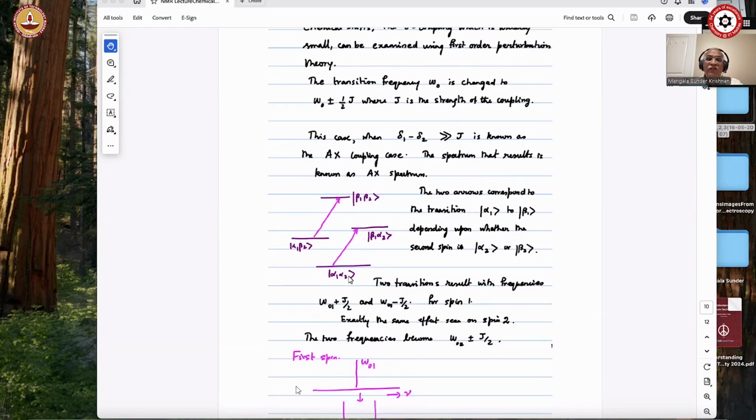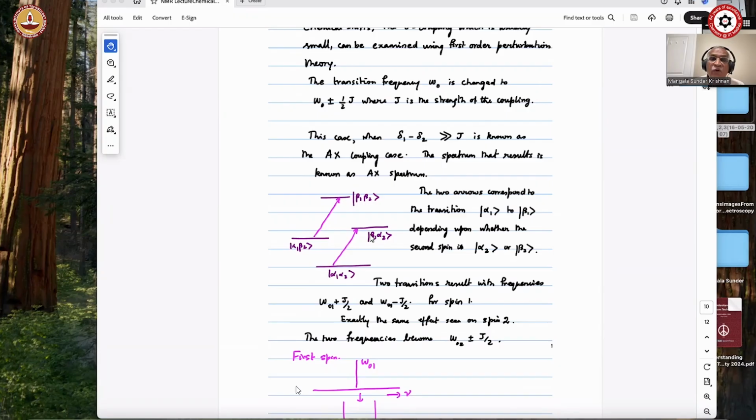Now, the spectrum for the AX coupling case looks like this. The lower energy state for the two spins is when both spins are in plus a half. Now, if this resonance frequency 1 is more than this resonance frequency 2, then if you flip the spin, the energy level changes only by this much. But if you flip this spin, the energy level changes by this much.